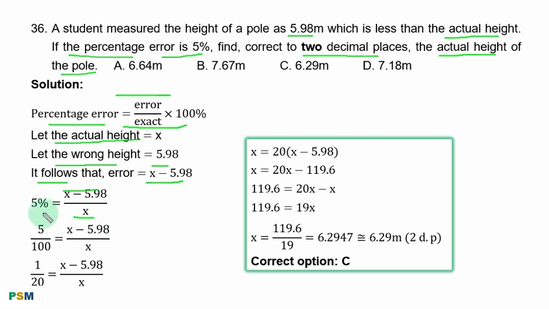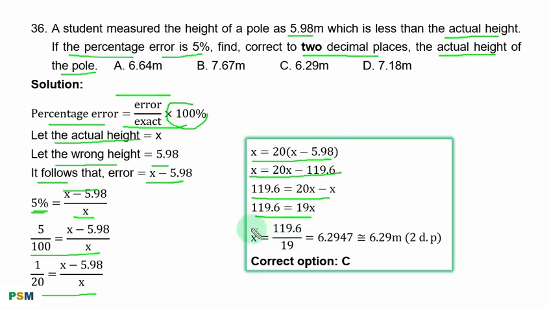Because of the presence of percent, this 100 is out. So if you convert this to ordinary fraction, you have this result. When you reduce, you have this result. Next is to cross multiply. You expand the bracket, collect like terms, and you have this result.